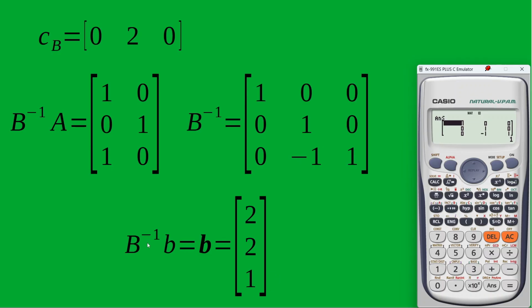And B inverse into B is going to be nothing but B inverse multiplied by matrix C. To find this, we press shift 4, that is we call matrix B, B inverse multiplied by shift 4 and small b is nothing but matrix C. So we click 5. And there we have it. 2, 1, 1 is nothing but B inverse into B.